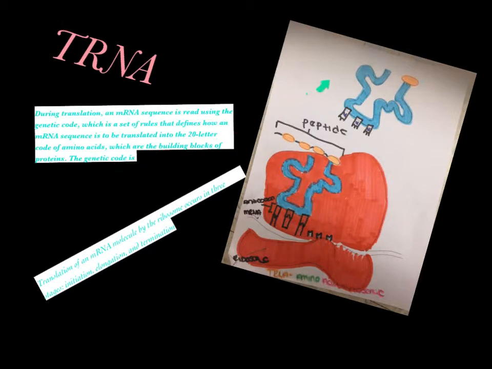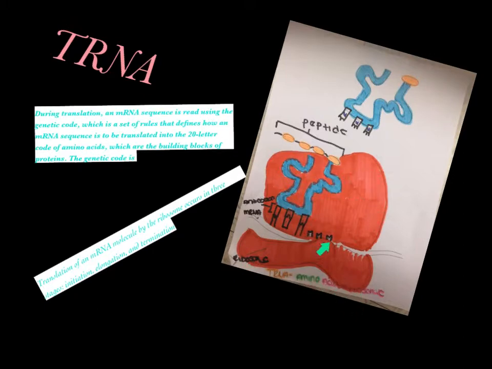The translation of an mRNA molecule by the ribosome occurs in three stages: initiation, elongation, and termination.